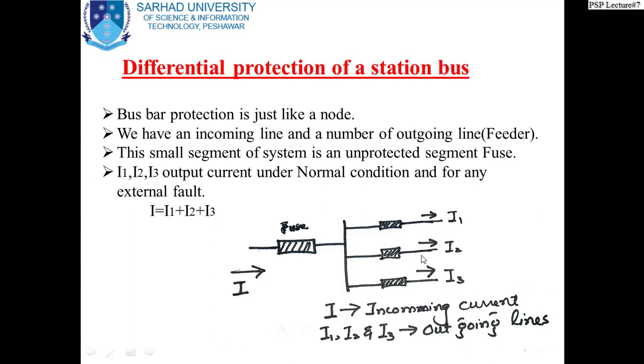In this arrangement we have an incoming CB and three outgoing CBs. We have an incoming current I and outgoing currents I1, I2 and I3. And by simple Kirchhoff's current law, the incoming current will be equal to the sum of the outgoing currents. It is simple.